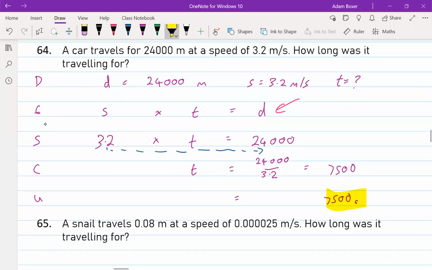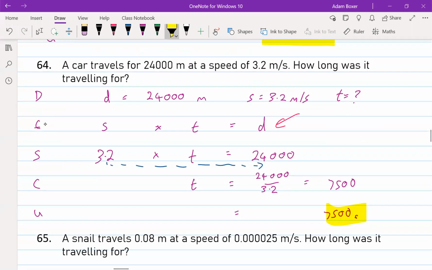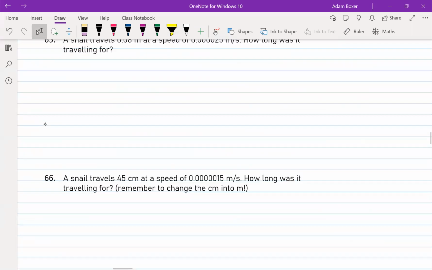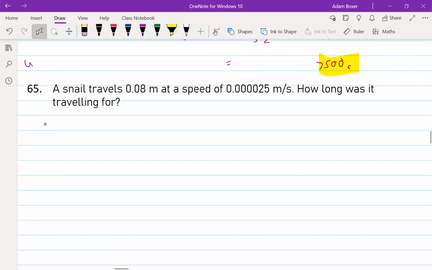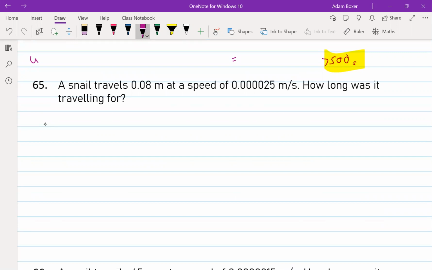Hopefully we all got that right. Next one. So if you need to pause the video, make your corrections. I think we've got 2 more and then we'll stop for the day. A snail travels 0.08 meters.